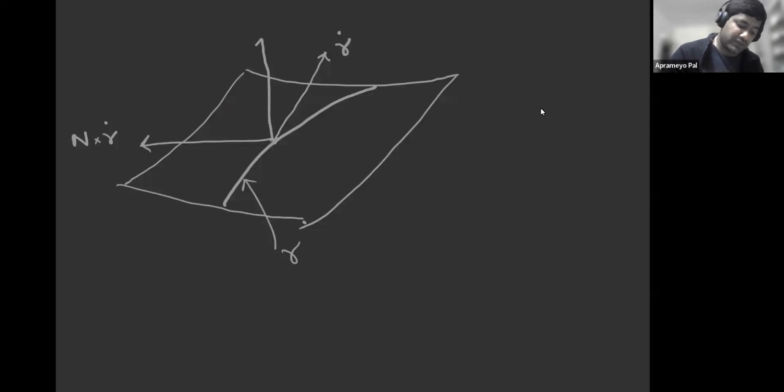You also consider n, and then complete the parallelogram here. The magnitude of this, the diagonal, actually gives you the curvature of this curve. This was the norm of gamma dot dot, which we also saw yesterday.